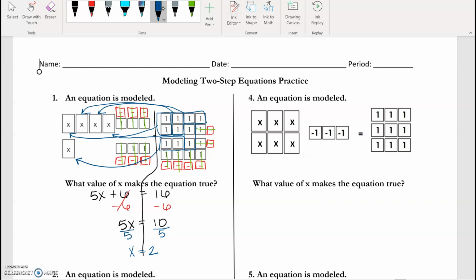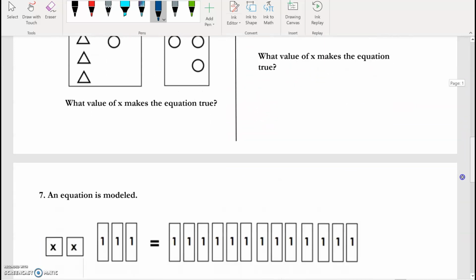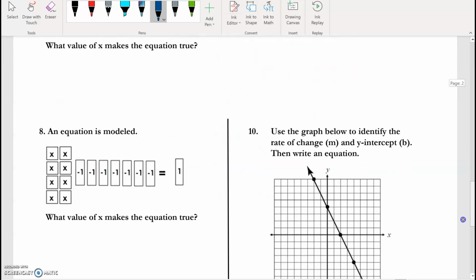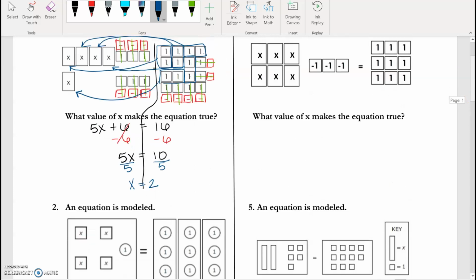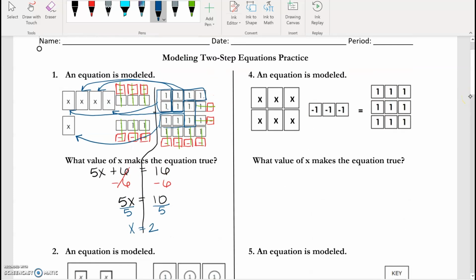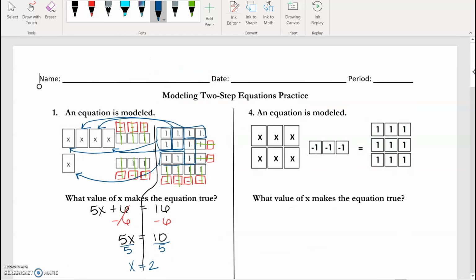Okay, so now, guys, it's up to you. Please make sure that you are using your models to solve these equations. Remember, if you have a negative, you cancel it with a positive. If you have a positive one, you cancel it with a negative one. That's what we call a zero pair.